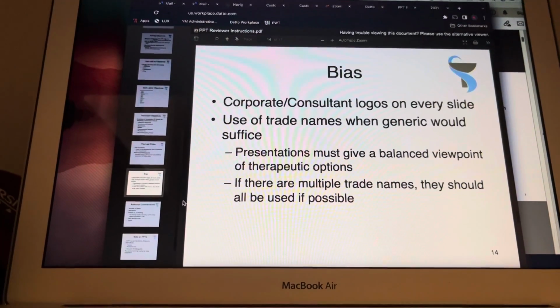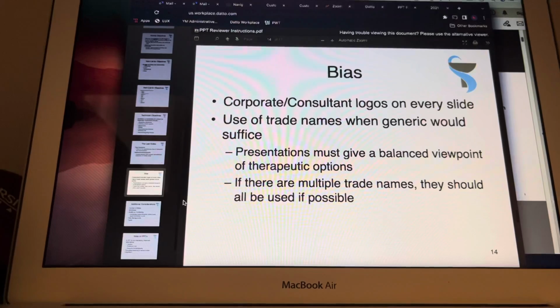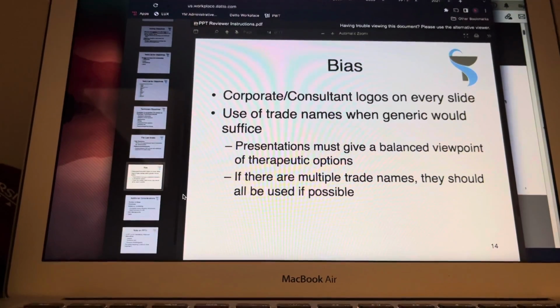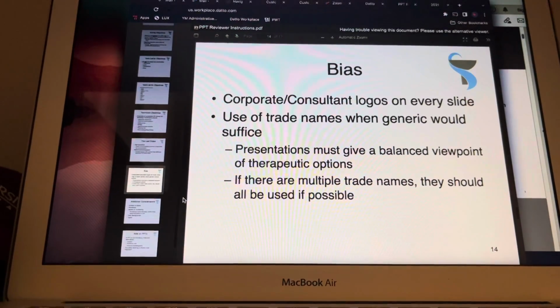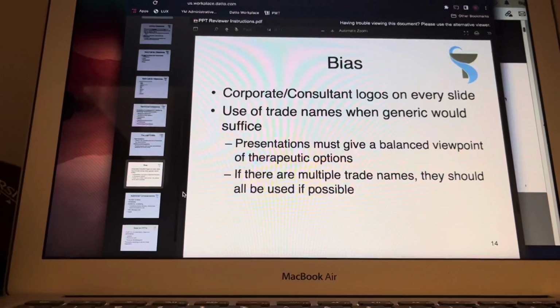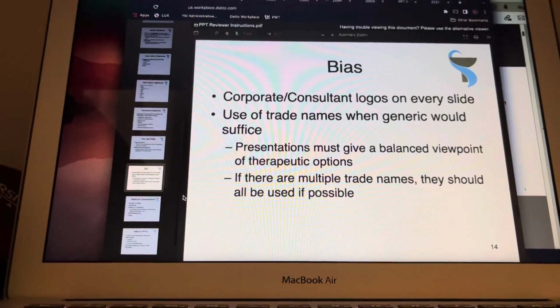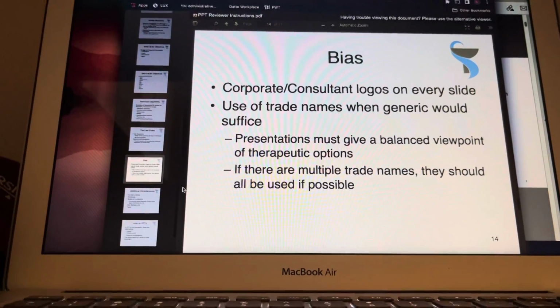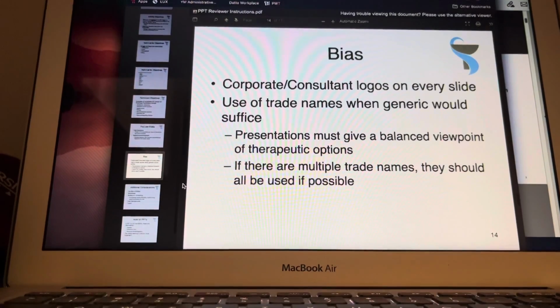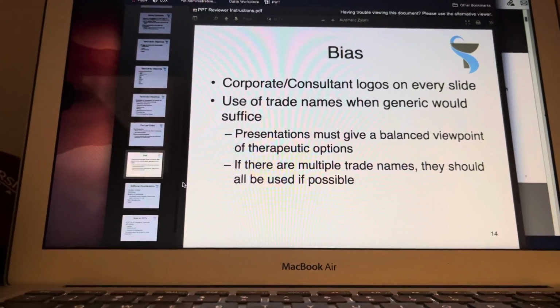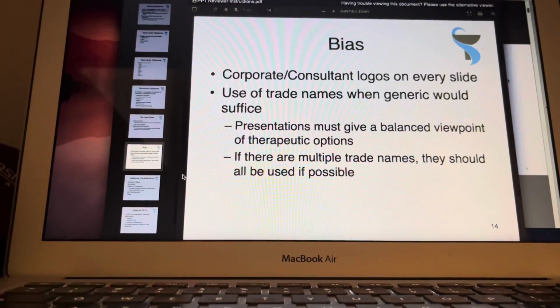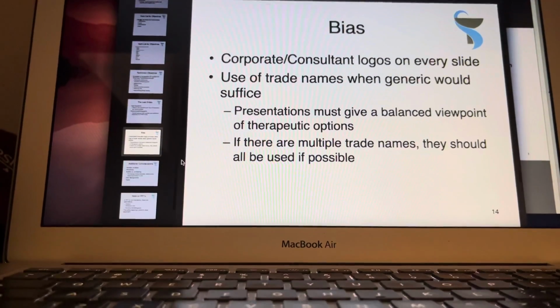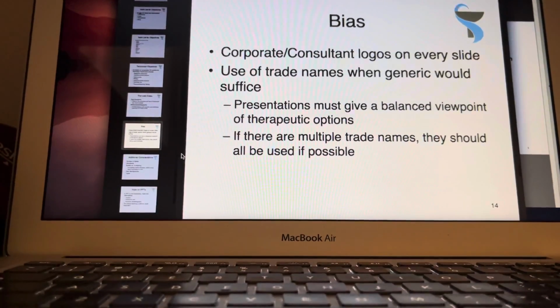However, let's say they work for a school of pharmacy and they're a current PGY1 resident, it is acceptable and okay to have the logo of their hospital or institution, their academic program, on each slide, should they choose to represent themselves as well as their residency program in such a fashion.